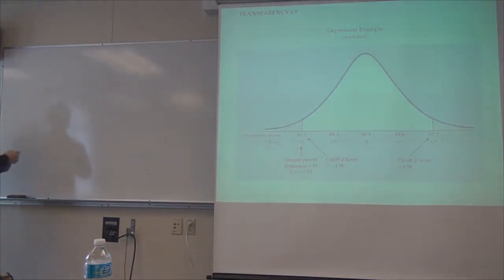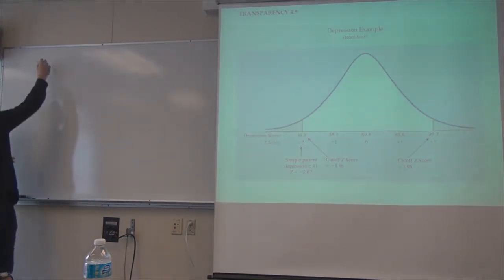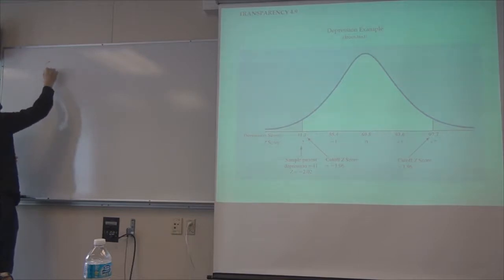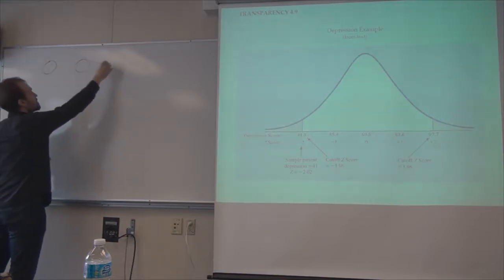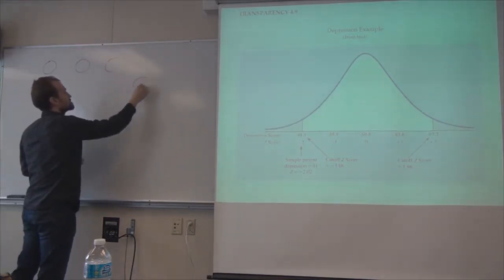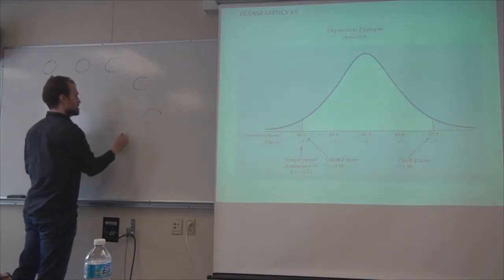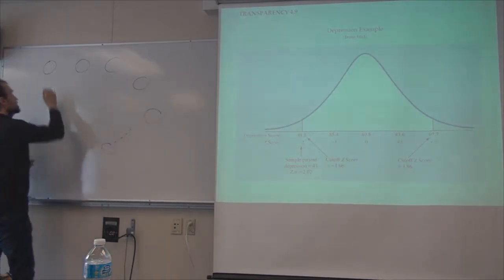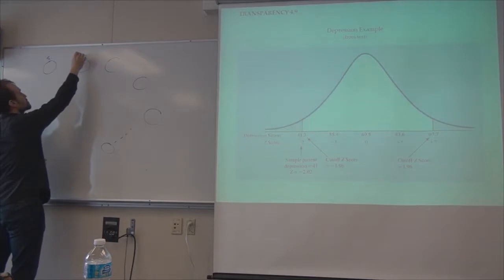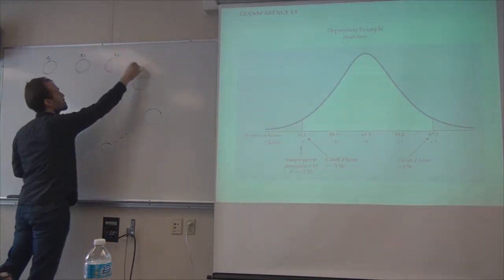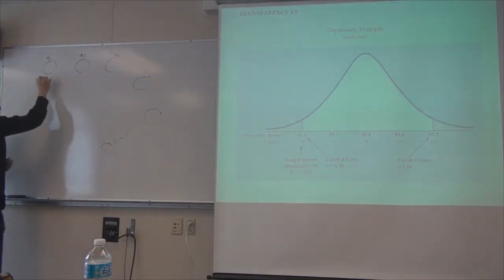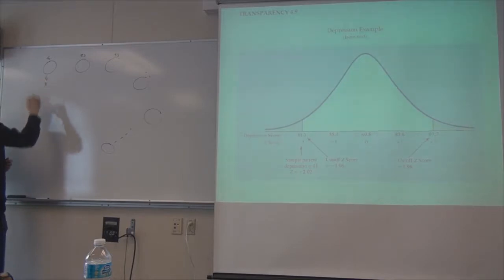For example, if I have my population of people, let's say, and I take many different samples. Sample 1, sample 2, sample 3, and so on. And from each of these, I get a mean, let's say mean 1.